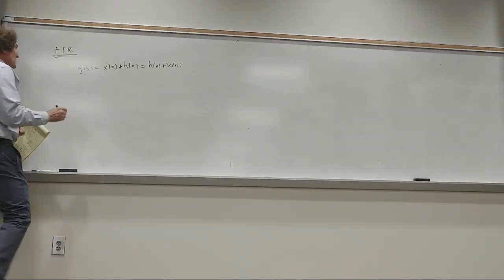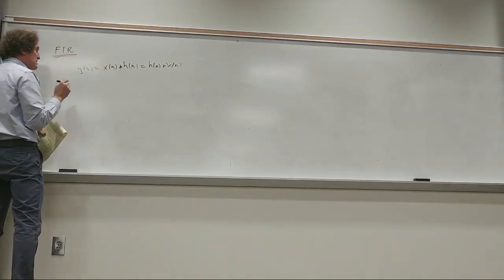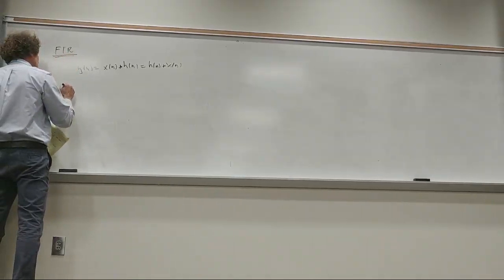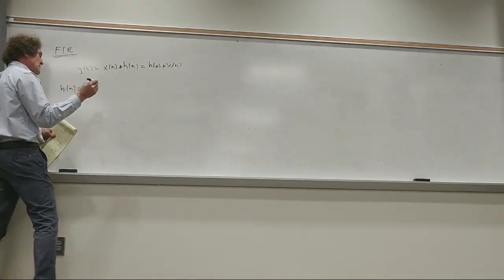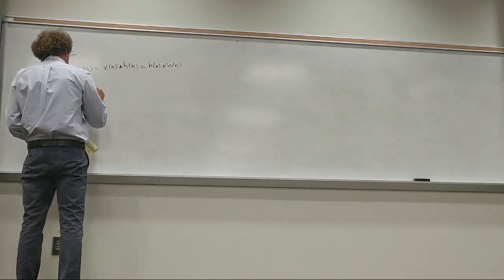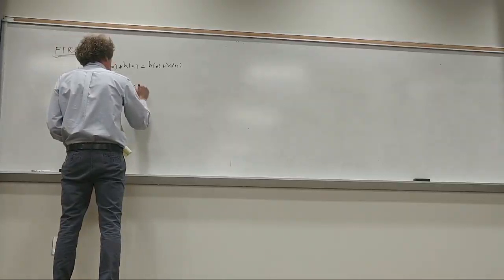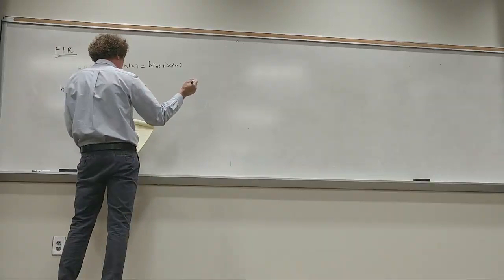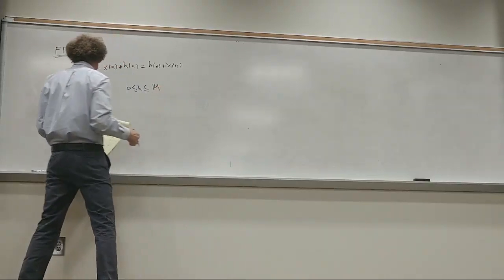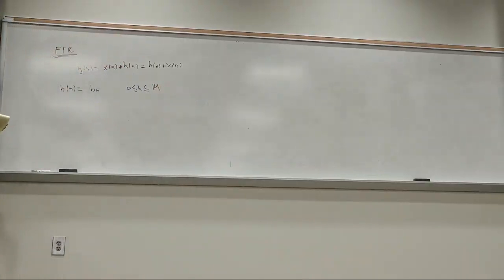So in general, for a finite impulse response filter, it means that h of n is going to have some values b of n for n greater than or equal to 0, less than or equal to some value M. Now, first time you see this, it doesn't mean a lot, but let me give you an example.